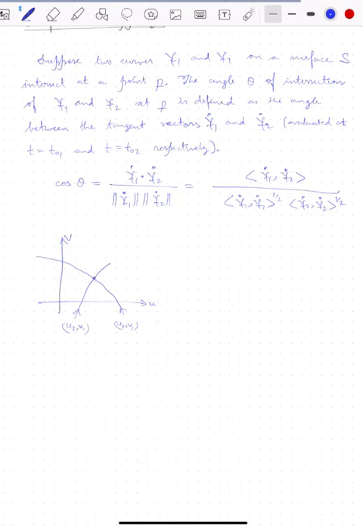So they intersect here, and the image of the surface patch gives us this. And say we have this and this. So this one is our gamma 1 vector, and this is our gamma 2 vector. Right, and this is point P. So the angle of the intersection is just the angle between the tangents here. So this is the theta, and this is how we derive the expression for the theta.